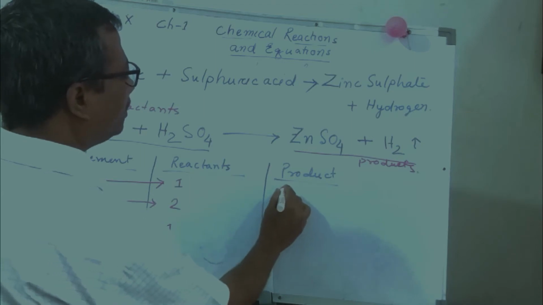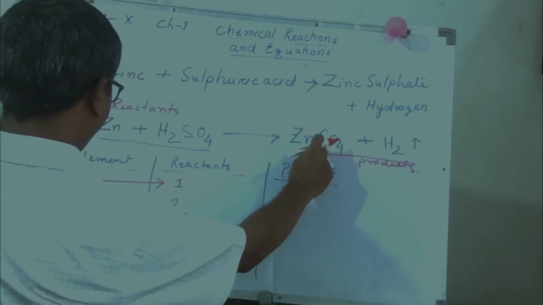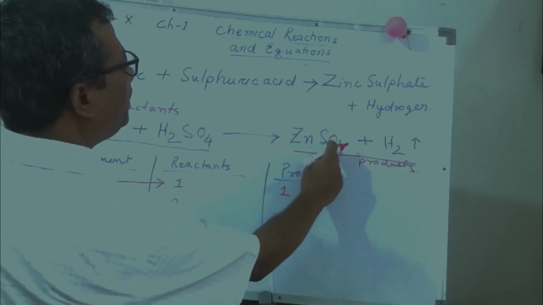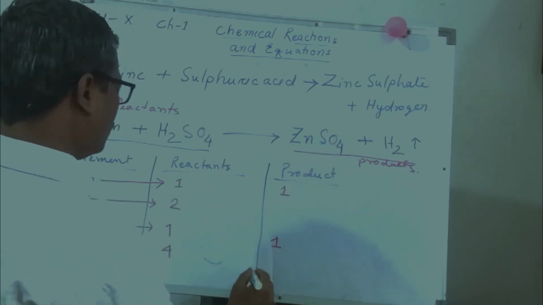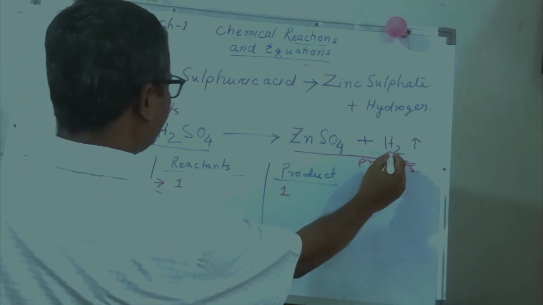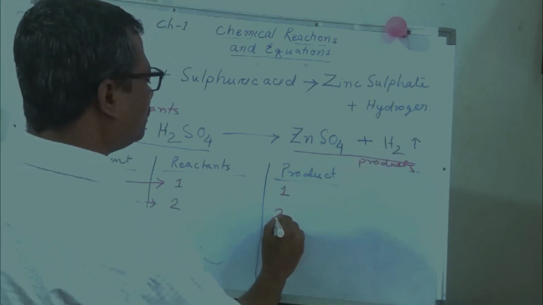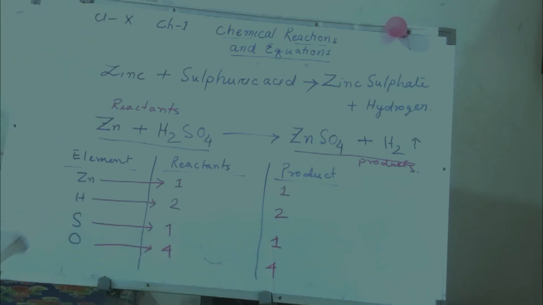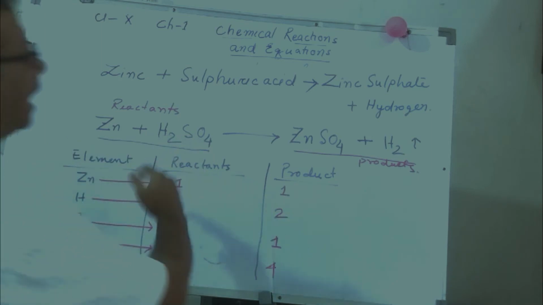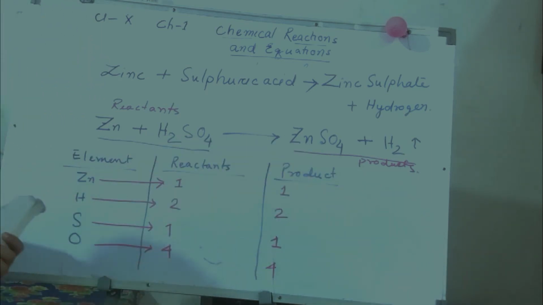Only 1. How many sulfur? 1 sulfur. How many oxygen? 4 oxygen. And how many hydrogen in the hydrogen gas molecule? 2. So on both sides, reactants and products, the number of atoms of the elements is the same.